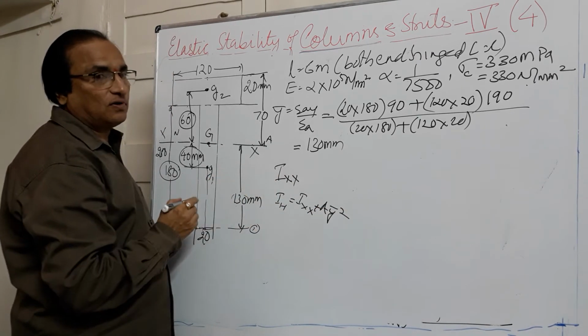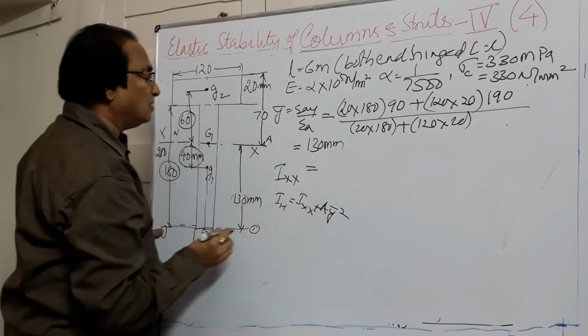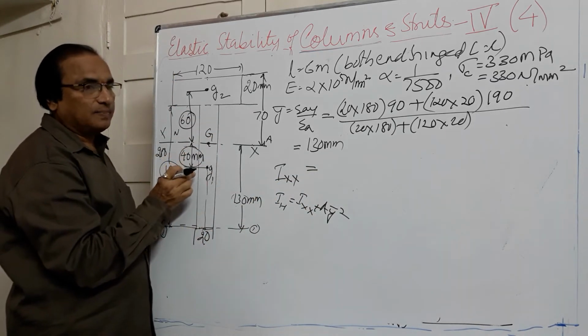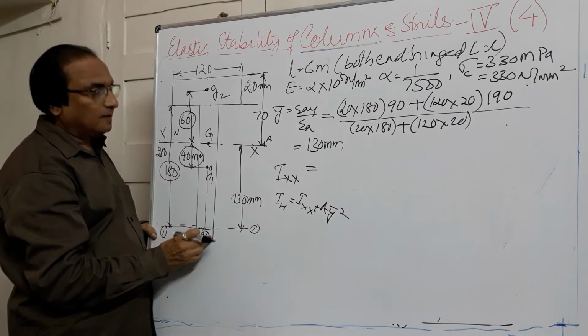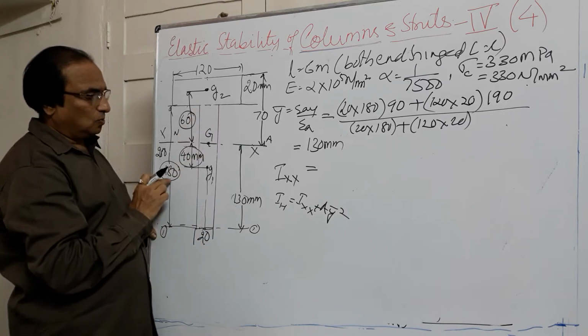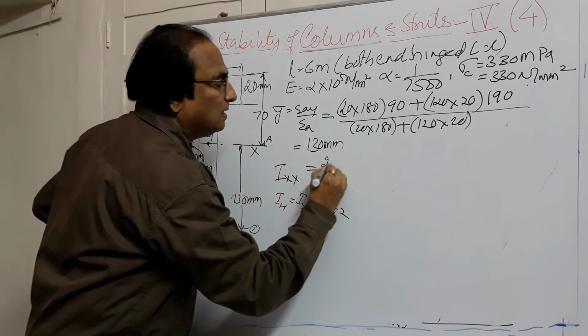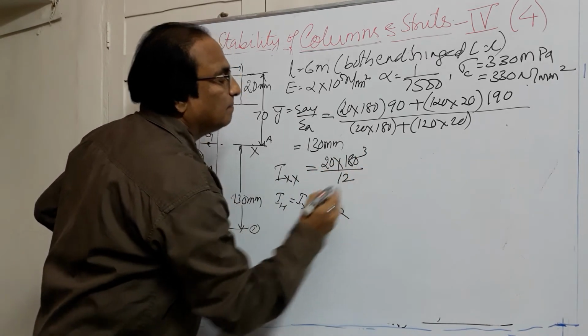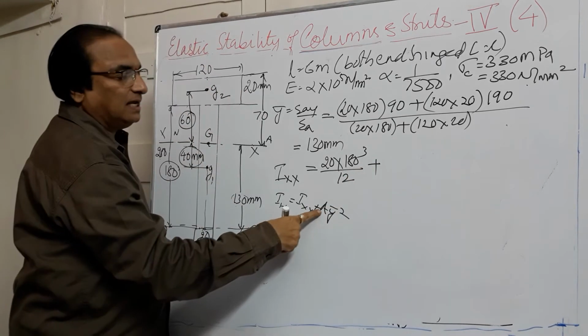We will apply this for Ixx. So this will be equal to, I will begin with G1. G1 is a rectangle. Moment of inertia of a rectangle is b d cube by 12. 20 into this height is 180. So 20 into 180 cube divided by 12 plus A y bar square.